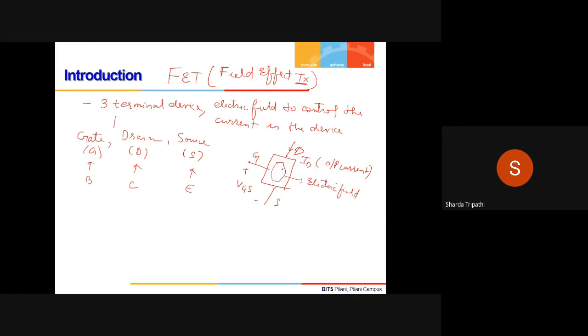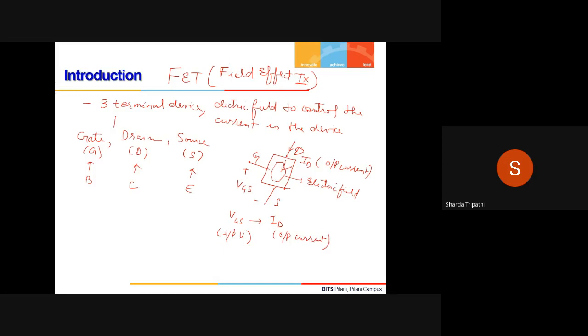And this electric field then controls how much the current is going to flow. So that means with the help of input voltage VGS, I am controlling the output current ID. This is my input voltage and this is my output current. So this is the very basic working.